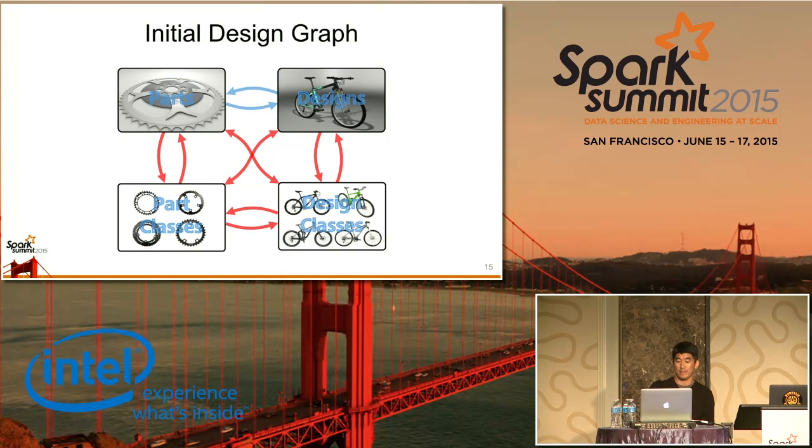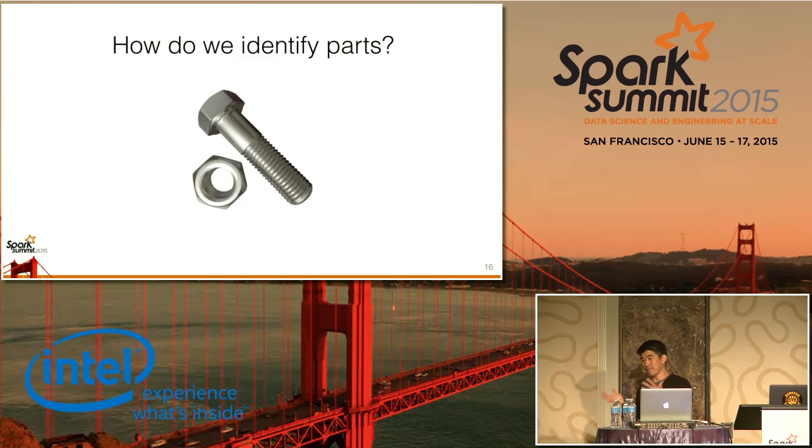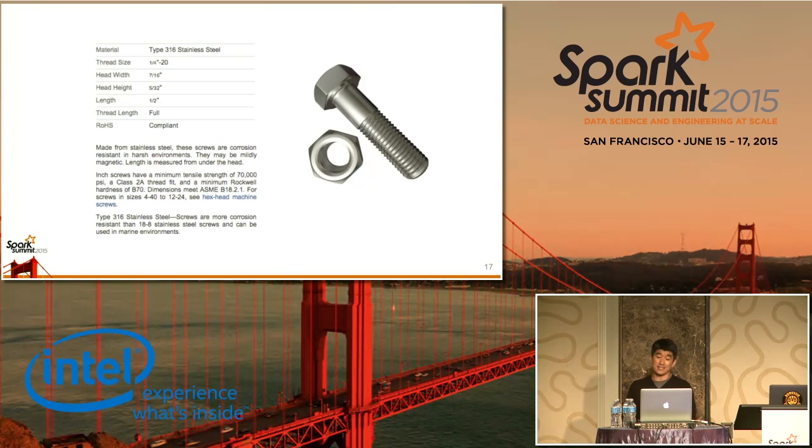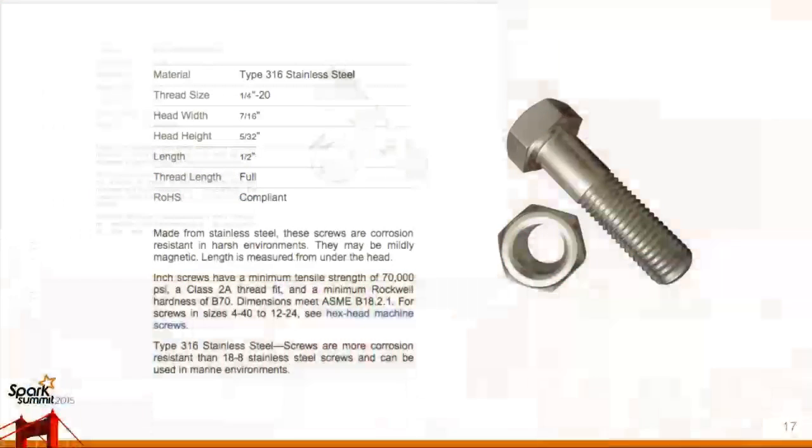All right, so given that parts are like our words, the next task is to figure out how do we identify these parts? How do we actually build out our part dictionary so we can start building out the graph? The ideal scenario would be as you pull out these parts from the design files, they come with metadata, with lots of textual information, things like the name, maybe some very nice descriptions of how it's being used.